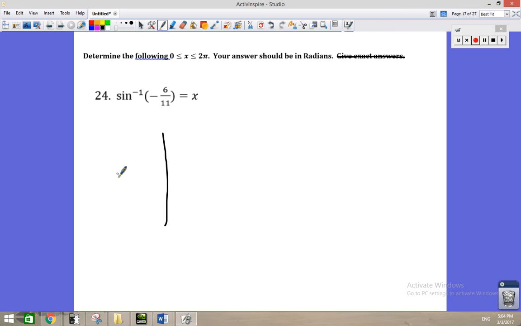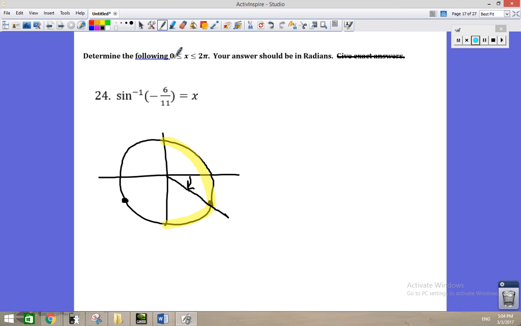So I know that down here in these 2 quadrants are 2 points that are -6/11 below the x-axis. Alright, if I use my calculator, it's going to use this point, and it's going to give me a negative angle measure to get there.